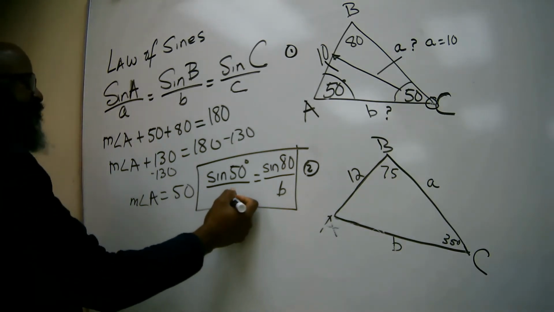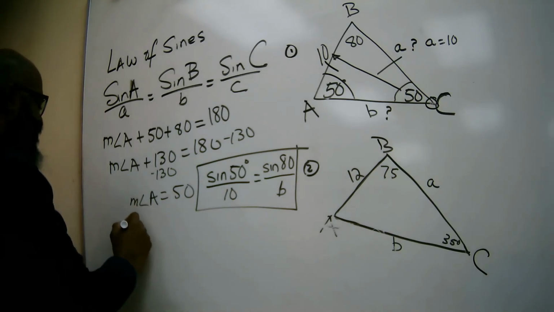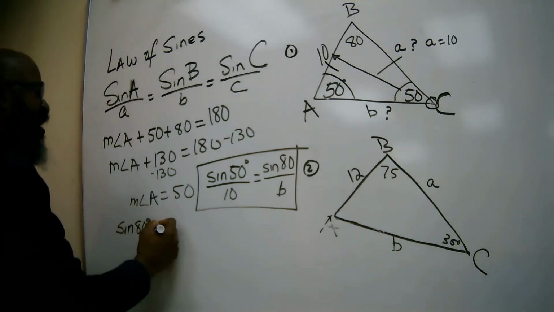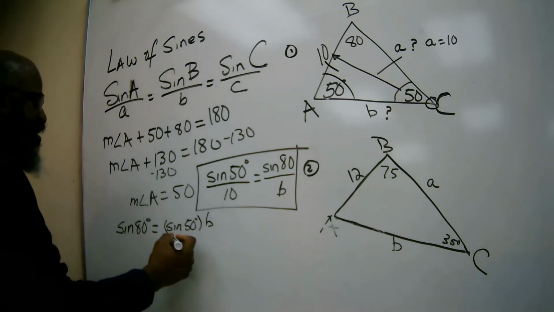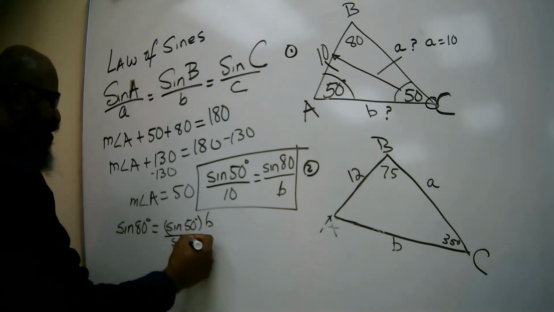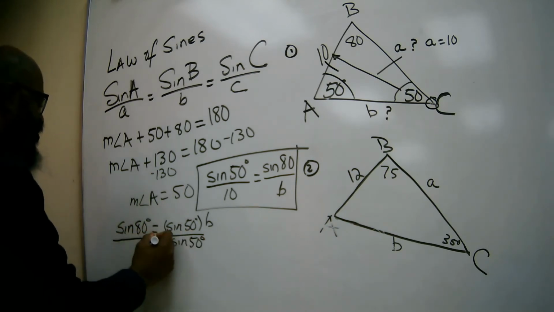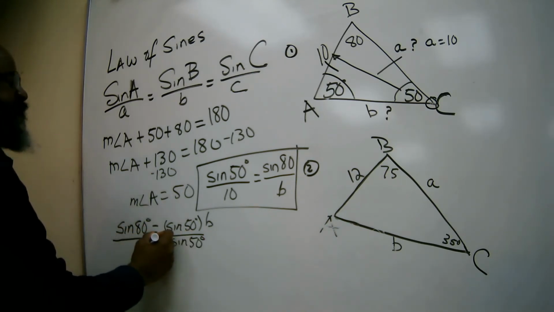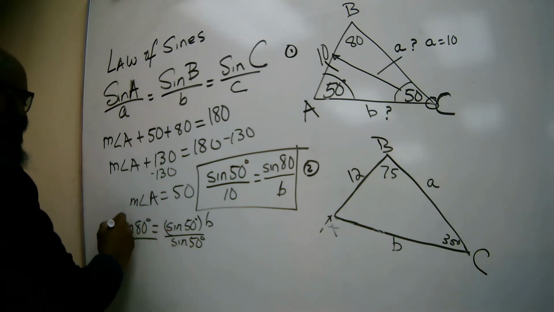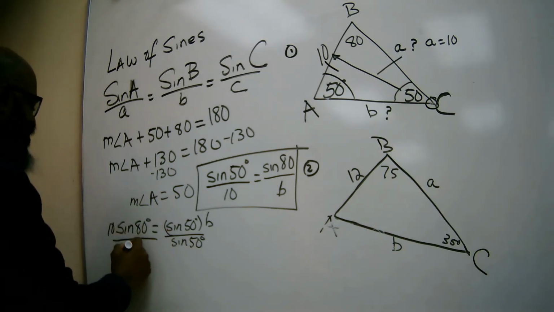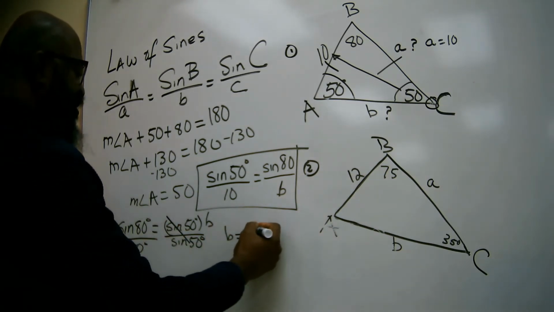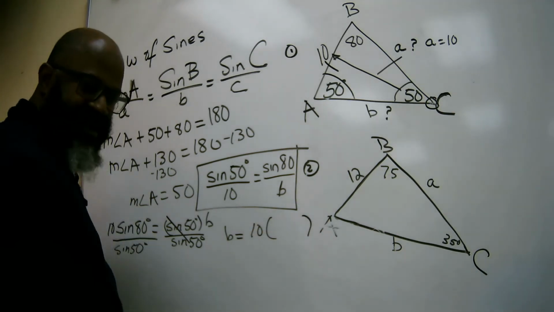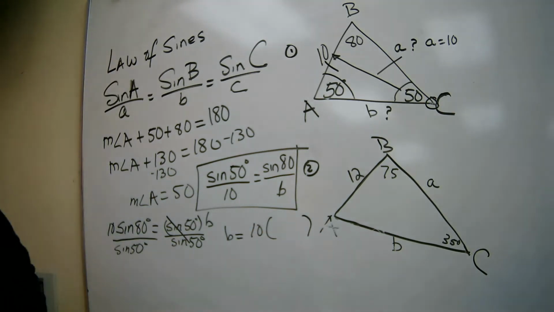Then I will end up with 10 sine of 80 is equal to sine of 50 degrees times B. In order to find B, I will have to divide both sides by sine of 50. So the calculator will do the rest for me. Then I will have B equal to 10 times sine of 80. Get my calculator, my friend.